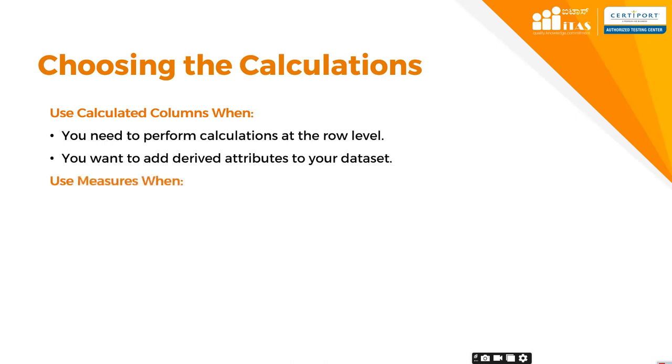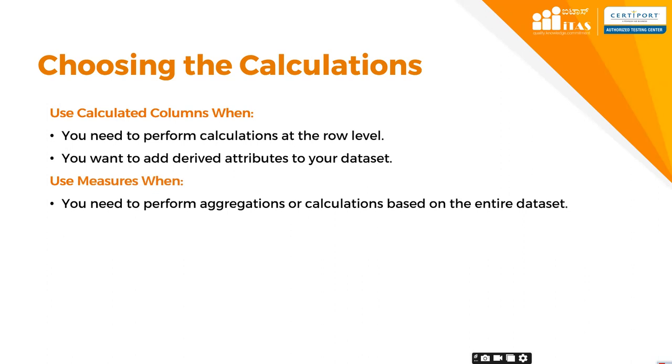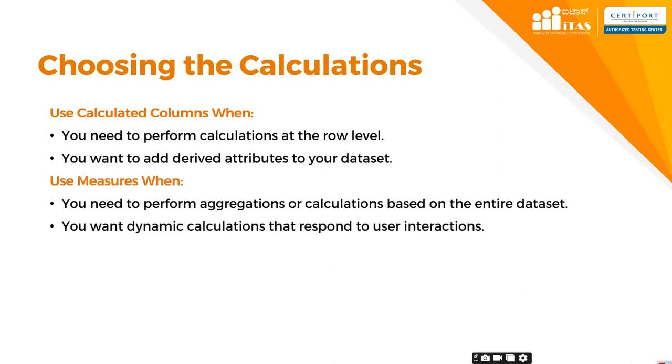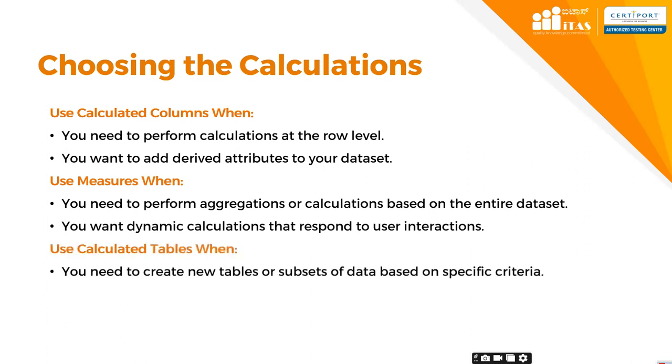When am I creating measures? When you need to perform aggregations or calculations based on the entire data set, or you want dynamic calculations, then I'll be using measures. Then when are we using calculated tables? When we need to create new tables or subsets, then I'll be using calculated tables.